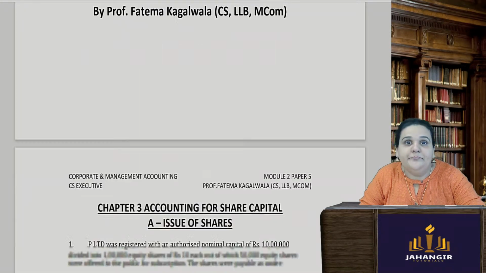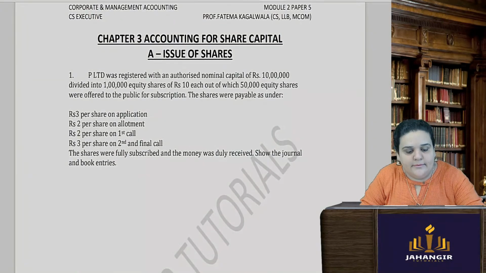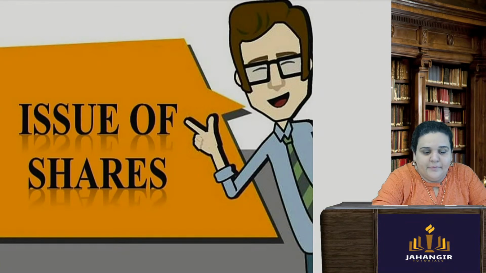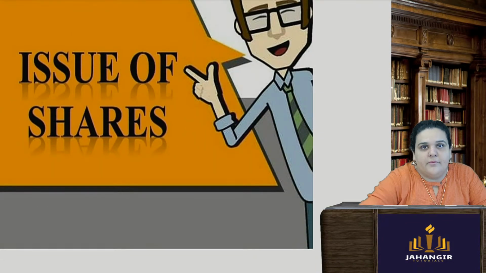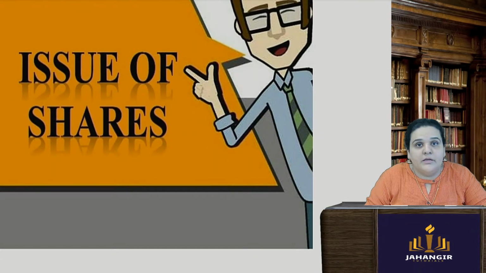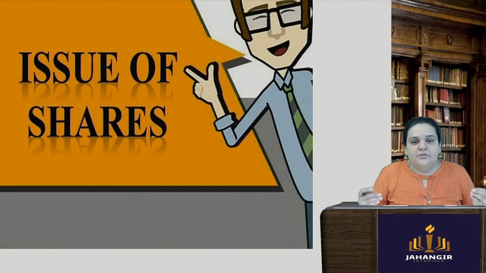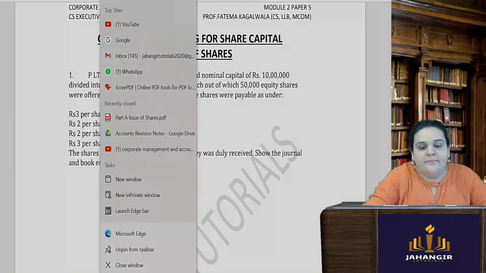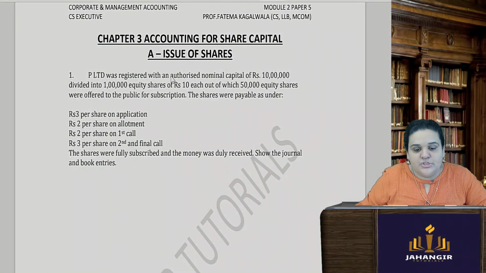So let's begin with our subject. Since I am talking about accounting for shares, and that includes a lot of subtopics, I have selected today to go ahead with part A, which is issue of shares.